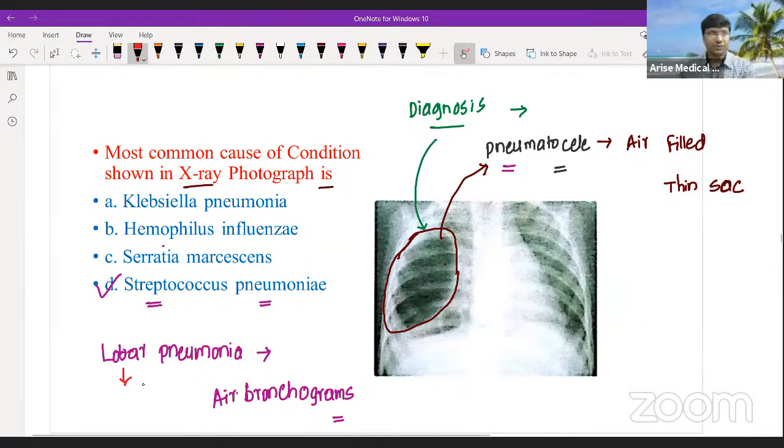Klebsiella pneumonia will cause lobar pneumonia. Streptococcus pneumonia will also cause lobar pneumonia. Klebsiella and Streptococcus, both of them will cause lobar pneumonia. Now, in lobar pneumonia, the abnormality is the presence of air bronchograms. Now let me show you that.